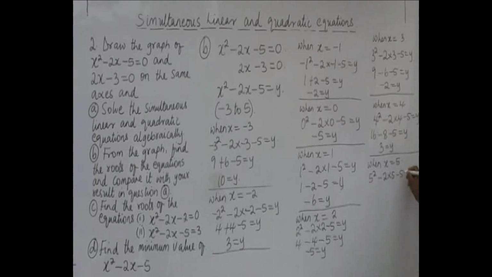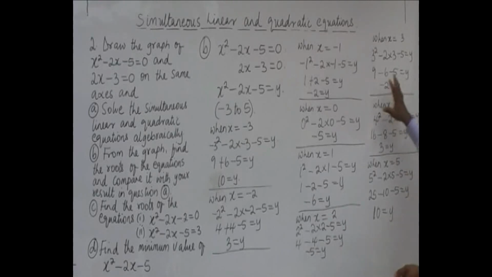Then minus 5 is equal to the value of y. 5 squared is 25. Minus 2 times 5 will give you minus 10. Then minus 5 is the value of y. 25 minus 10 will give you 15. 15 minus 5 will give you 10. So we have that at this level, the value of y is 10.